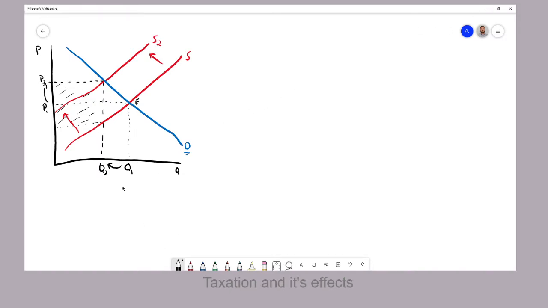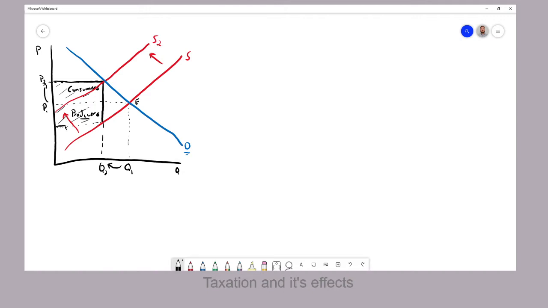This amount of revenue at the top will be raised from consumers buying this product and paying the tax on it, but the higher rate will also affect producers. And this bit on the bottom shows us if we take this rectangle, we can multiply this out.